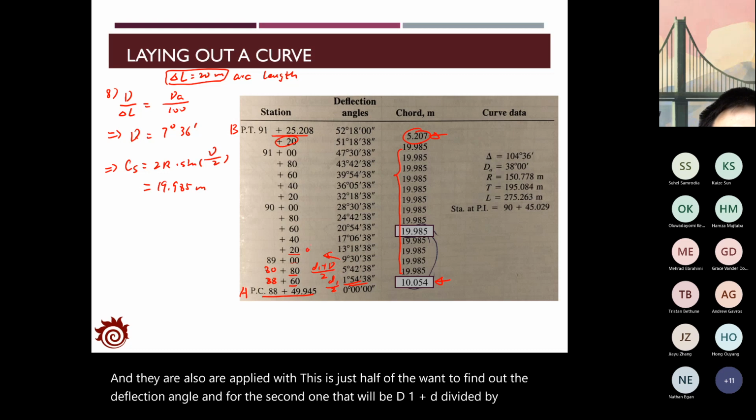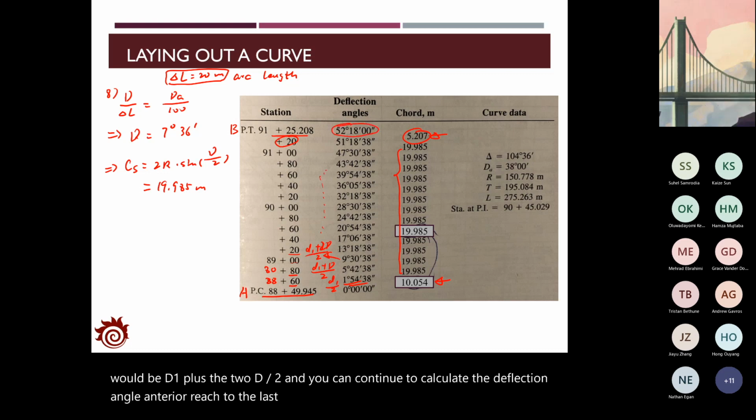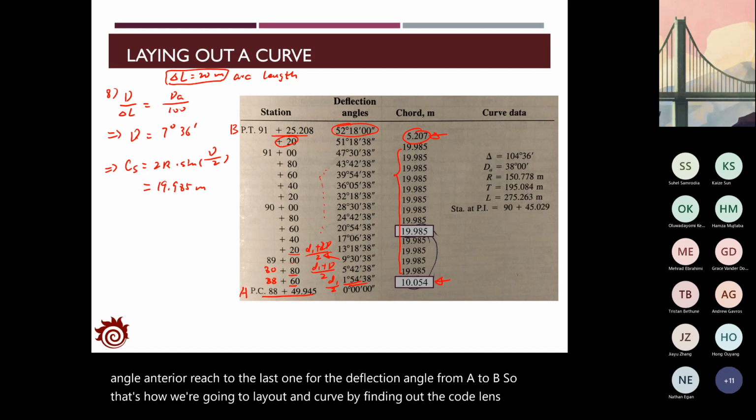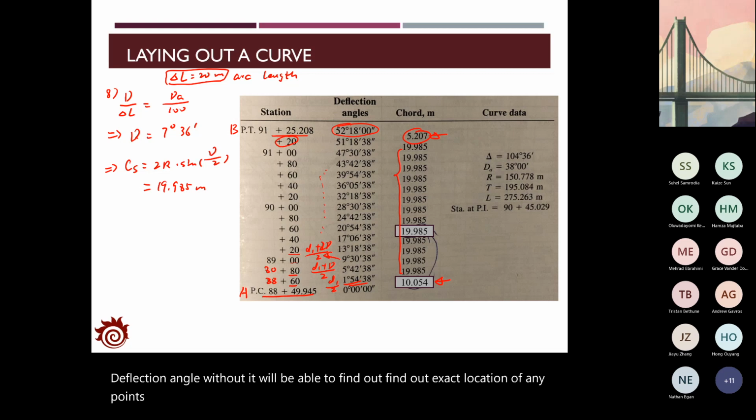The third one would be D1 plus D, divided by 2, and you can continue to calculate the deflection angle until you reach the last one for the deflection angle from A to B. So that's how you're going to lay out the curve, by finding out the chord length and the deflection angle. With that, you will be able to find out the exact location of any points or any stations you specified along the curve.